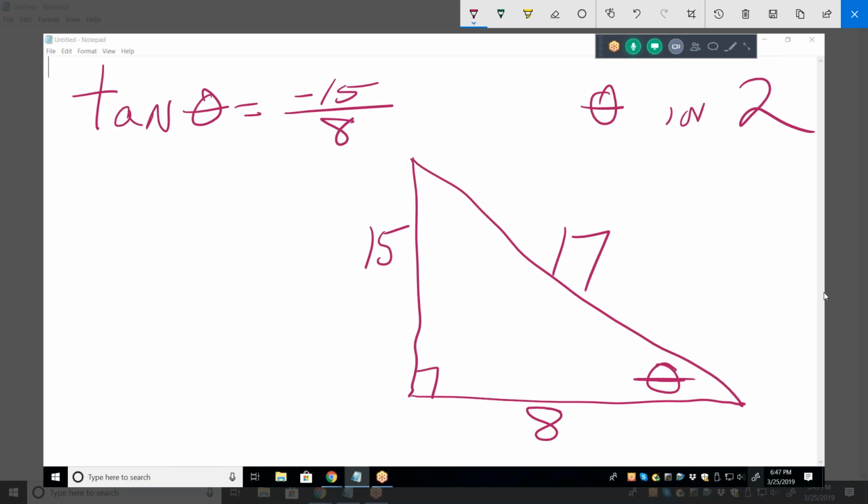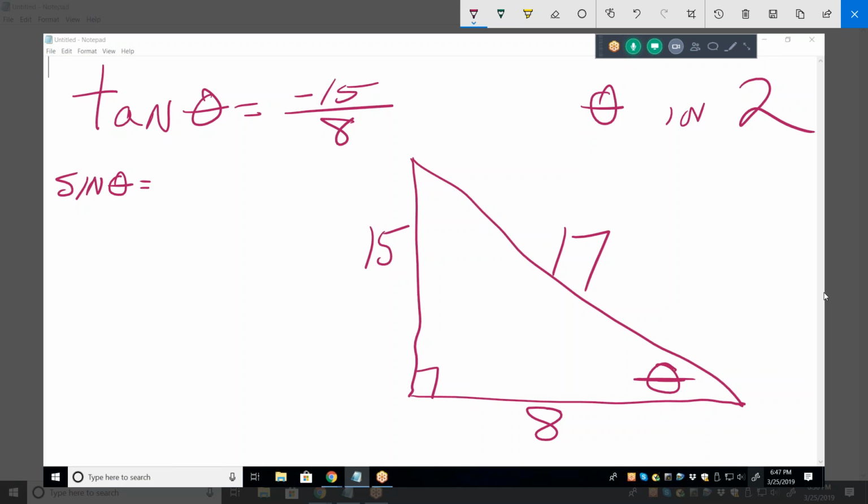Now, we can easily find all trig functions of theta once we have the triangle labeled. So what's the sine of theta? And we don't need to know what theta is, ever. The way I do trig is I always come up with an absolute value ratio first, and then I put the plus or minus sign on it last, always. It flows in my mind much better when you do it that way.